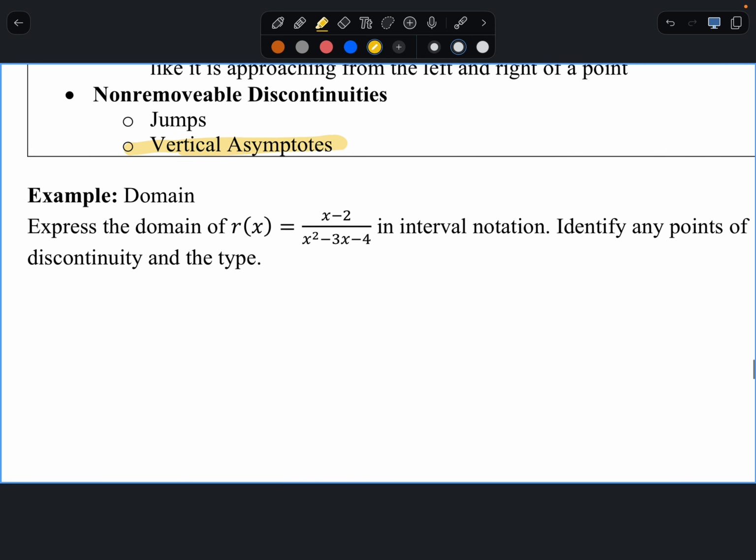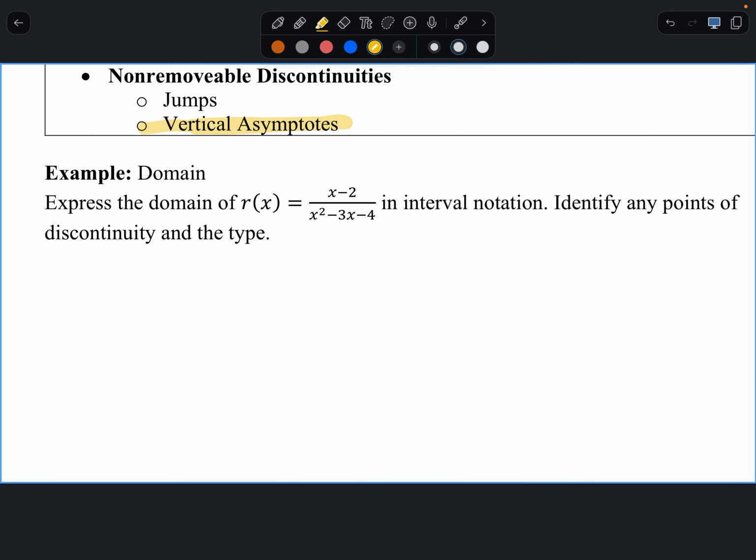Okay, so first of all, if we have a given rational function, let's think about identifying the domain of the rational function, which is the same approach as what we've looked at before. For rational functions, our domain restrictions are always going to come from excluding values that would make the denominator equal to 0. In order to identify where the denominator would be equal to 0, it's helpful to get the numerator and denominator into factored form.